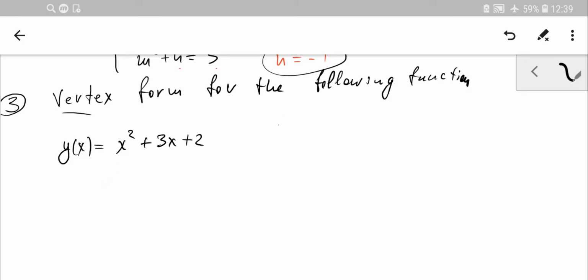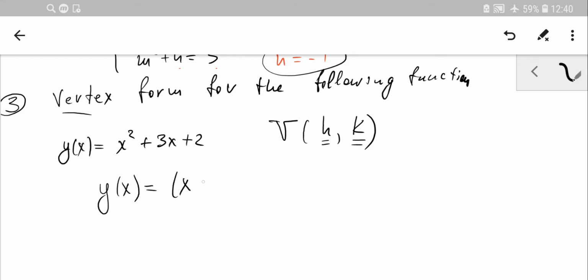All right, so remember, the vertex form is about the vertex as the minimum or maximum point on your parabola, and it has coordinates h as the x coordinate and k as the y coordinate. So the general pattern that I'm going to use is y of x equals x minus h squared plus k.